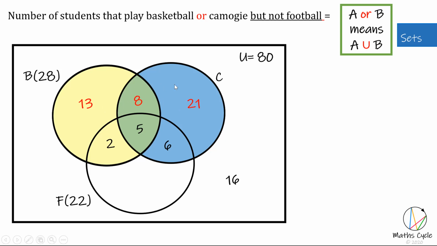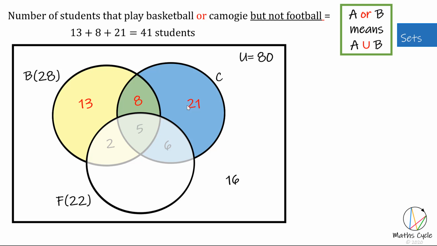B union C, but not football. So we're going to cover up all the people that play football. So what we're left with are these 13, 8 and 21 students. So they are this category. 13 plus 8 plus 21 equals 41 students in this category.